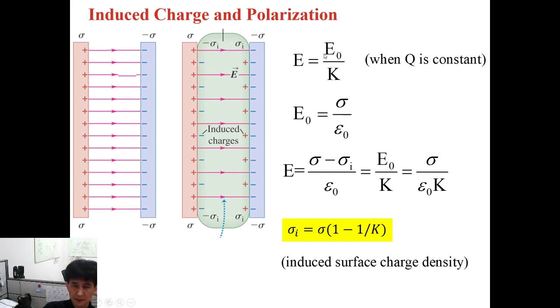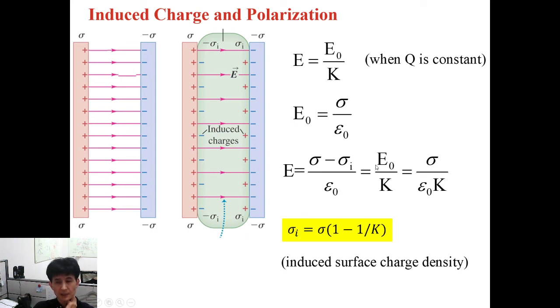Electric field is reduced by a factor of K, and we can calculate the amount of the induced charge density over here. So net electric field is, by using Gauss law, sigma minus sigma induced over epsilon 0. This is sigma induced, which has the opposite sign of the charge density of minus sigma.